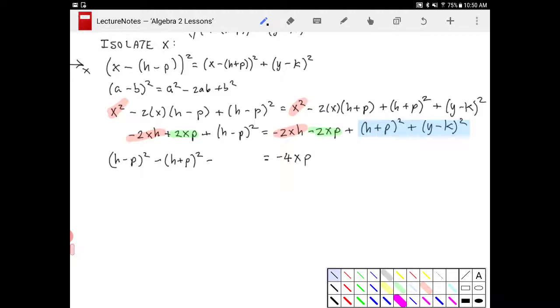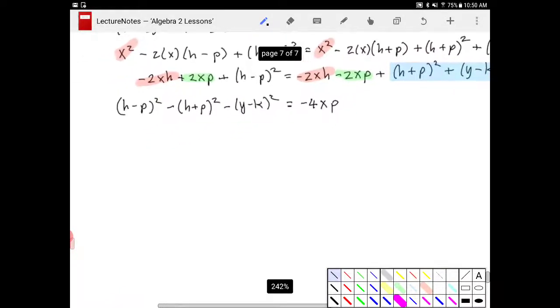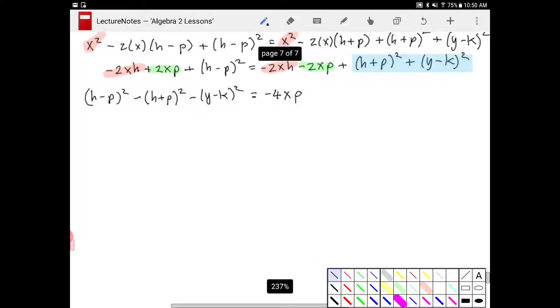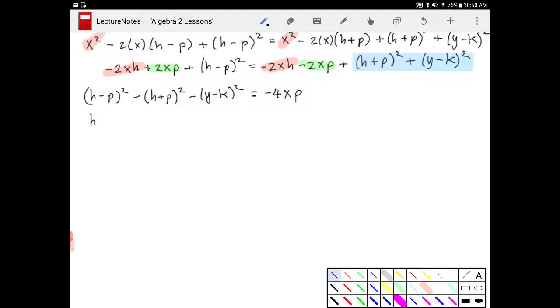(y minus k) quantity squared. And there's more simplification that we can do to further reduce this, because if I FOIL out h minus p and FOIL out h plus p, and because we're subtracting the two of them, there are going to be terms that we can eliminate. So that's exactly what I'm going to do next. I'm going to FOIL that out.